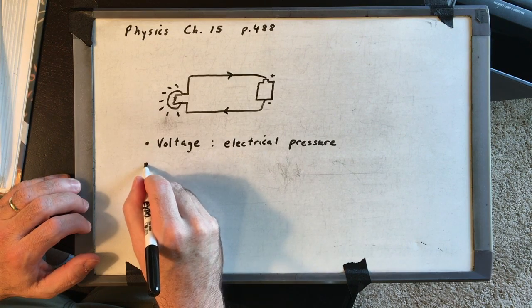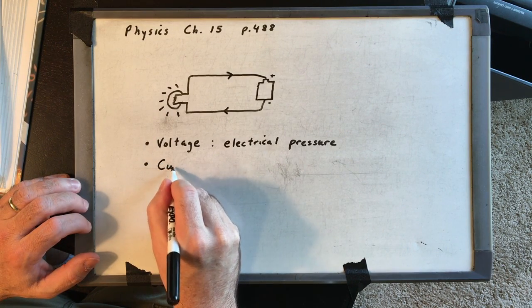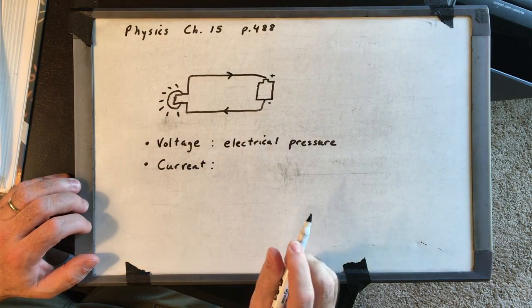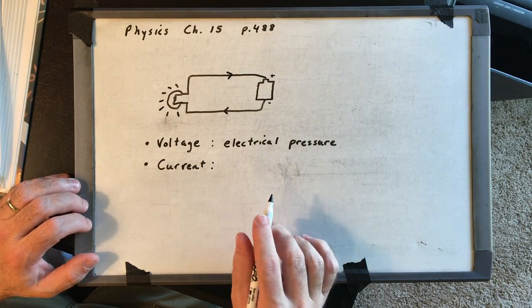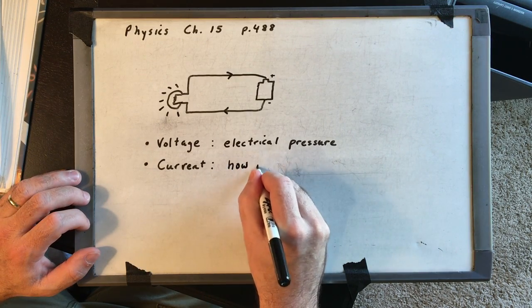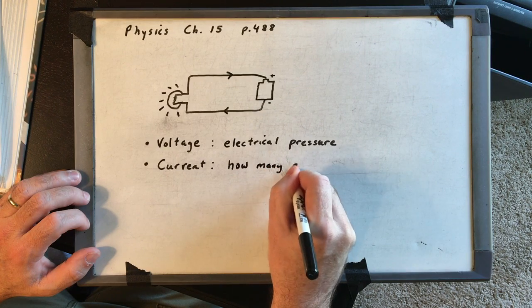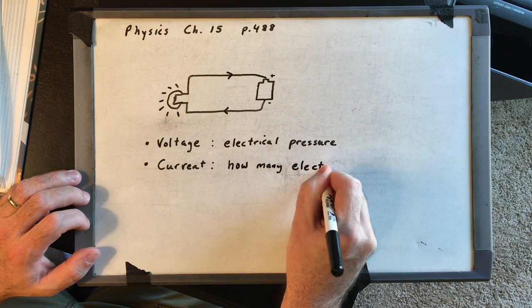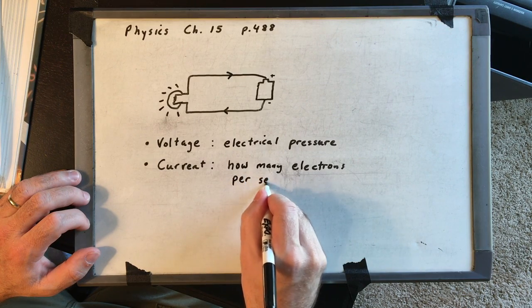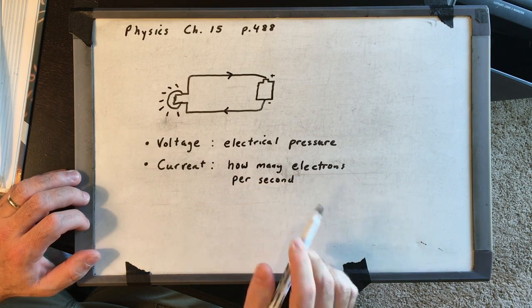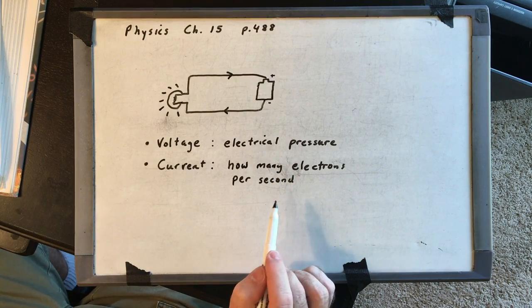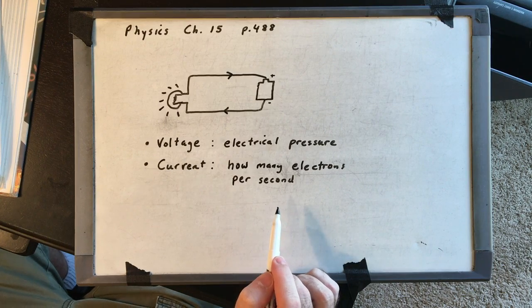And we've got another term called current. I'll give you the mathematical definition of this in a minute, but current is how many electrons per second. So both of those influence how much work can be done by these electrons.